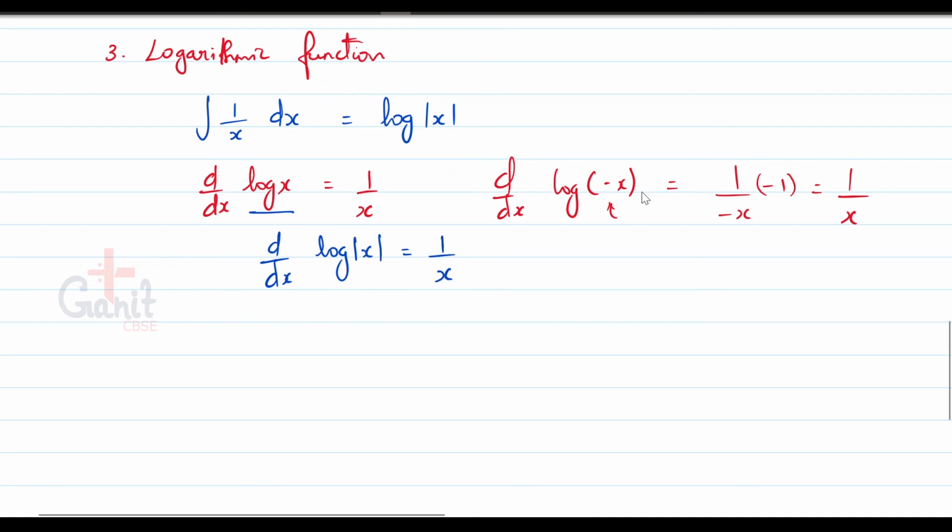Again the antiderivative: the integration of 1 by x with respect to dx will give you log of modulus x plus c. In this case we used the method of inspection, so there is no need of c. So that is the final function.